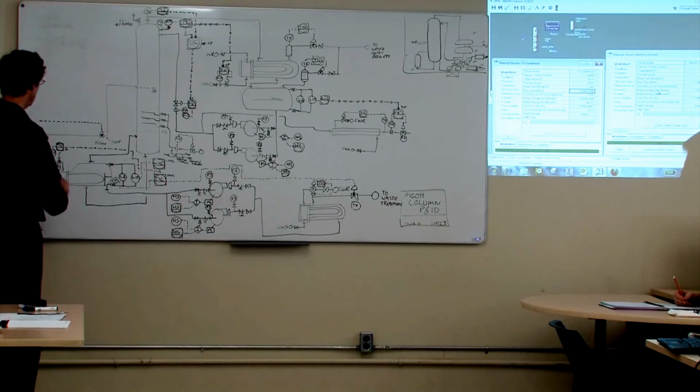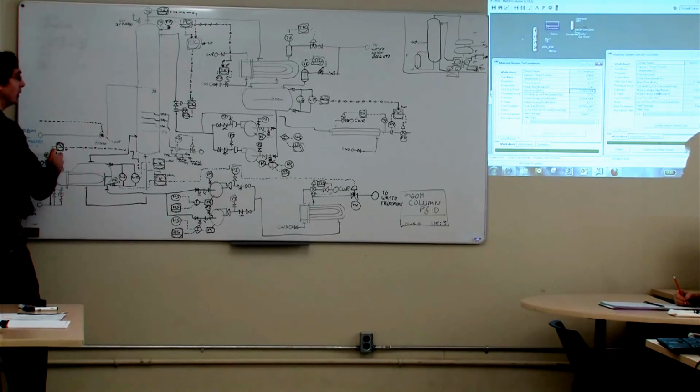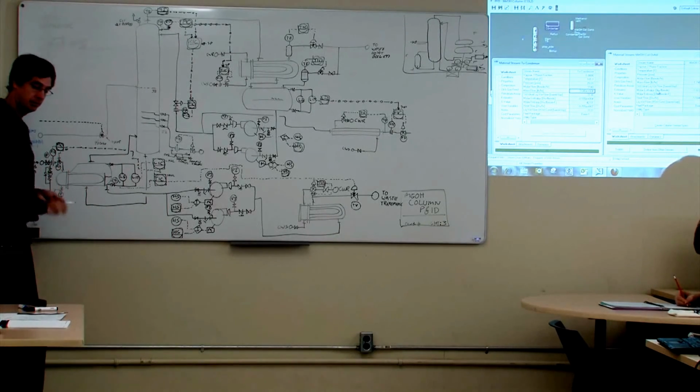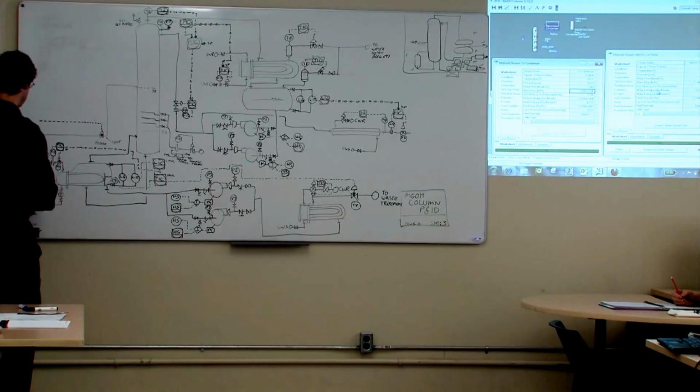I could do it by sending a signal into the flow controller with software. I could interrupt the signal going into the flow valve, or I could put another valve in, which is what I'm going to do.